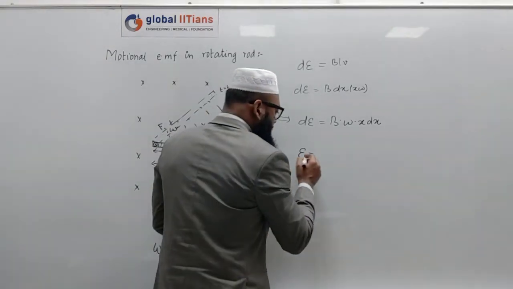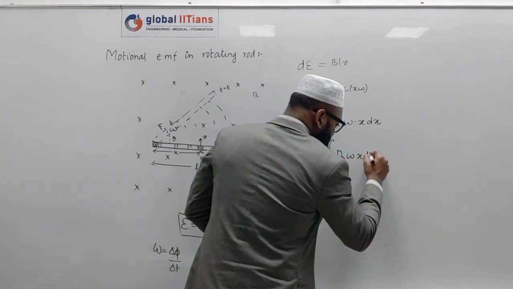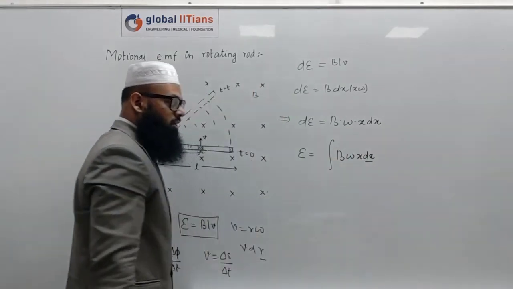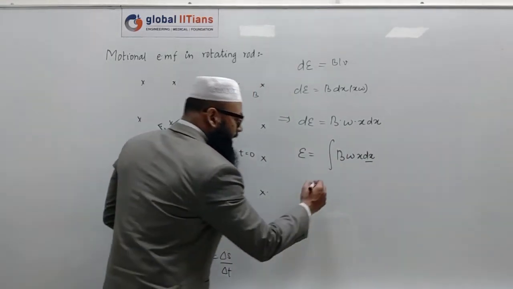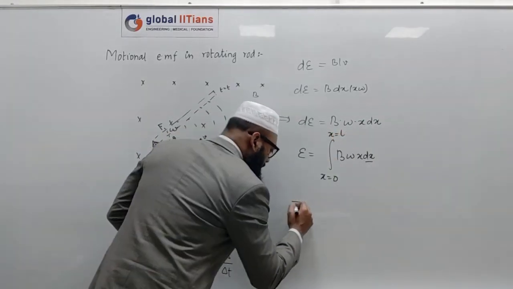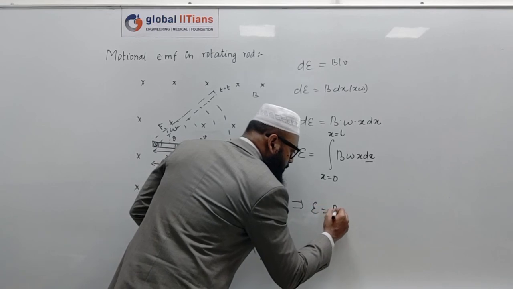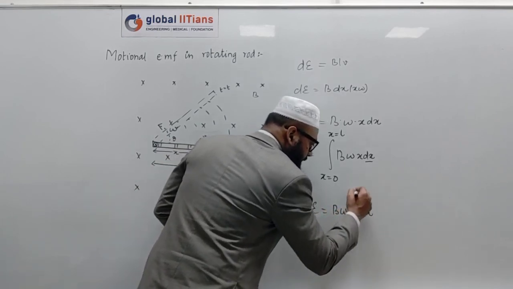So E is equal to the integration of B omega x dx. Now we have a differential term dx, so we need to integrate in terms of x only, from x equal to 0 to x equal to L. EMF induced is equal to B omega times the integration of x dx from 0 to L.